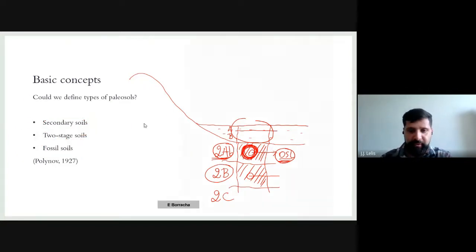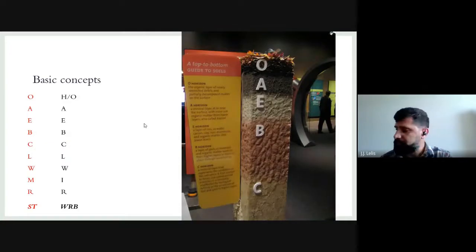so let's keep going. We have some basic concepts that should be very easy to access for you all, which is how we define and identify some horizons and layers.